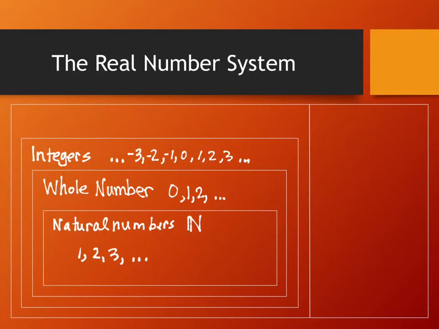And the last expansion on the left-hand side of this overall box is where we get things like fractions and decimals, okay? Those actually have a more compact name. They're called rational numbers.